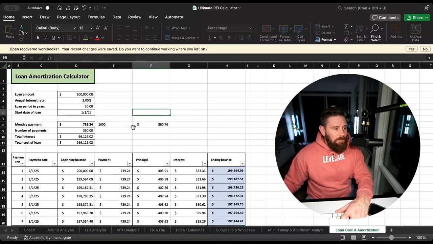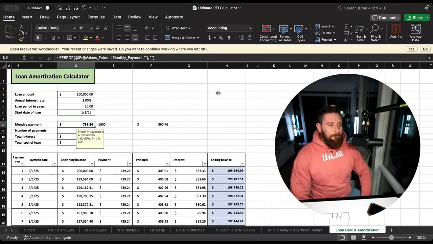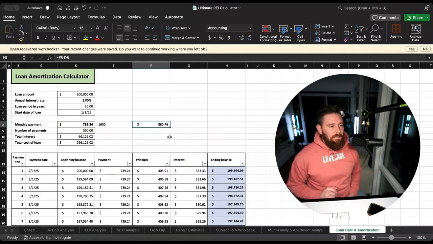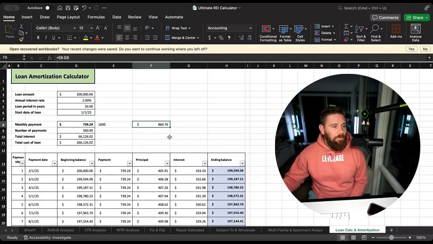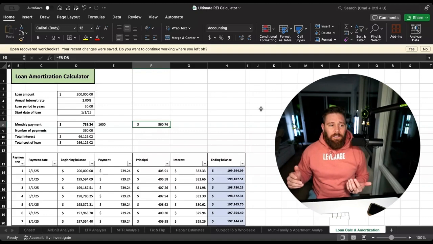That takes our monthly payment down to $739.24. You take taxes, insurance, we'll say $250 for both those combined monthly, with vacancy, maintenance, repairs. You're probably going to cash flow $250-ish probably a month on this deal.